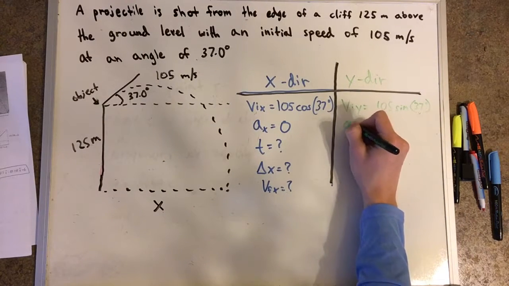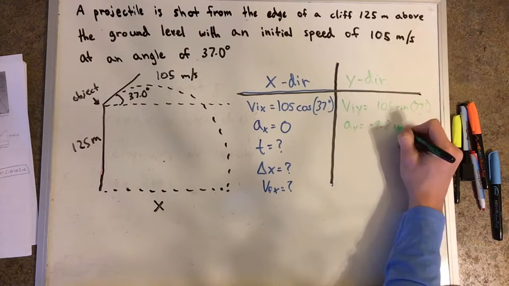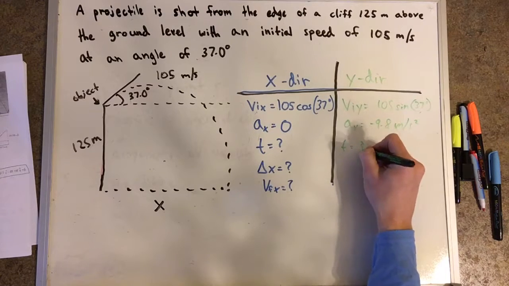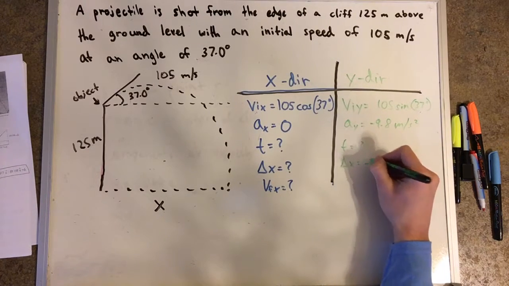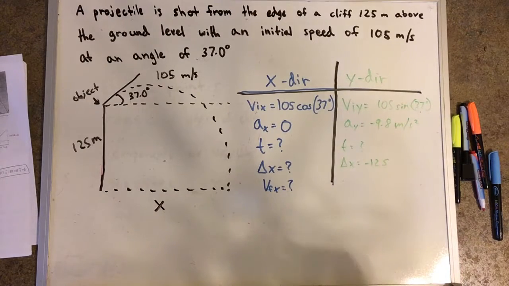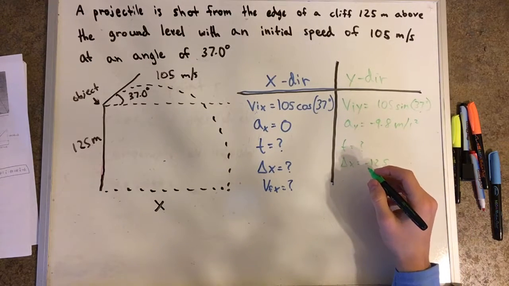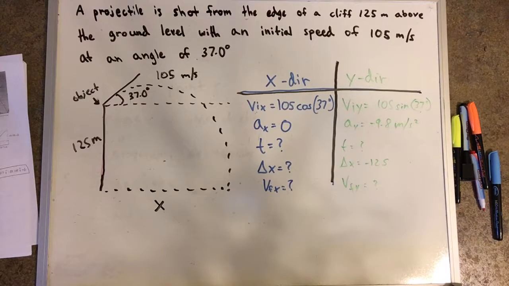Acceleration in the y direction is equal to negative 9.8 meters per second squared. Time is unknown. Delta y, negative 125, because the projectile is going from the top to the bottom, which is going at negative 125 meters. And the final velocity for y is unknown as well. So, here's everything we need to know to do the problem.